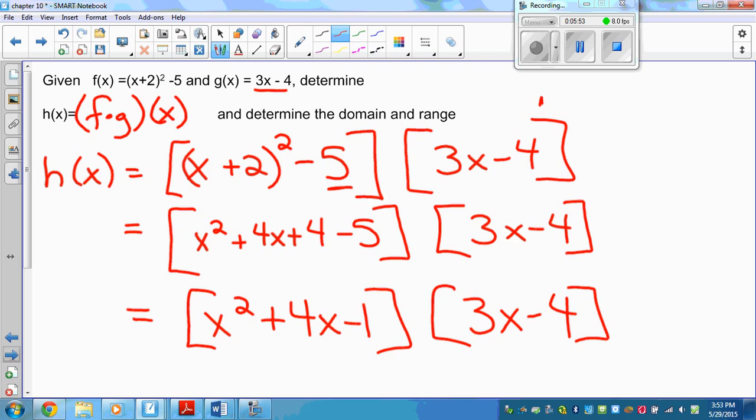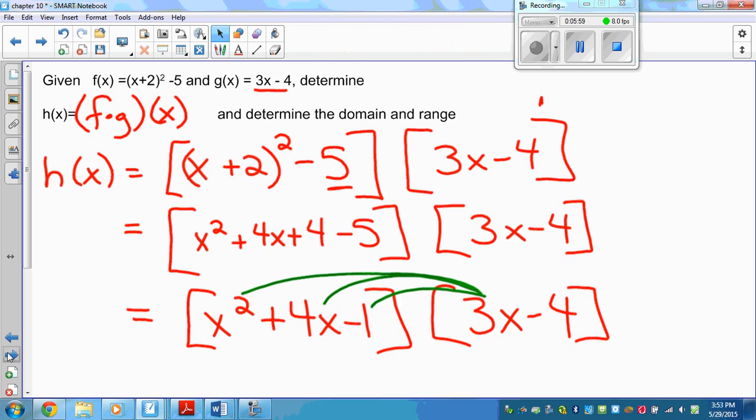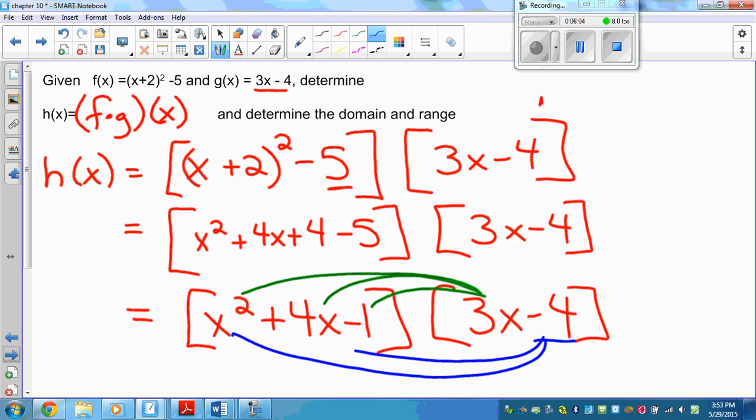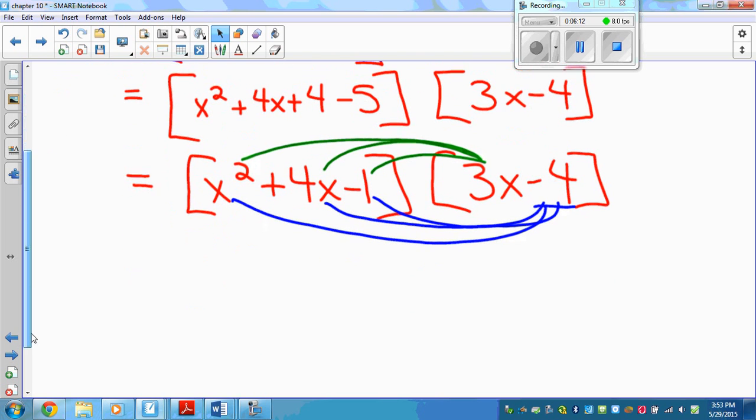I'm going to have to distribute. First of all, I'm going to take 3x and multiply it by each term, and then I'm going to do the same thing with the negative 4 and multiply it by each term. Okay, so when I'm all done, I'm going to have 6 terms, but then I might be able to combine some of them.